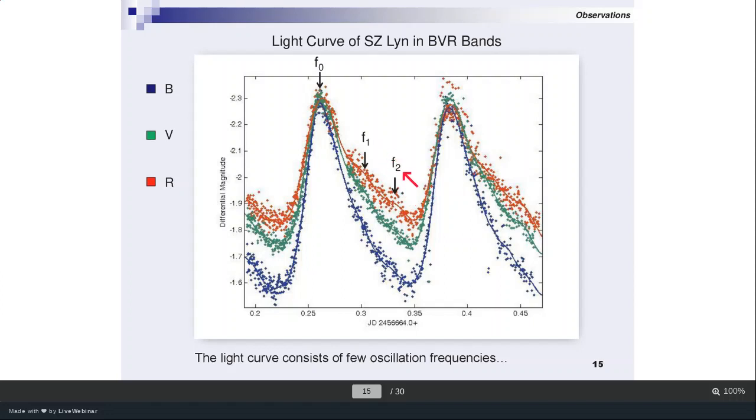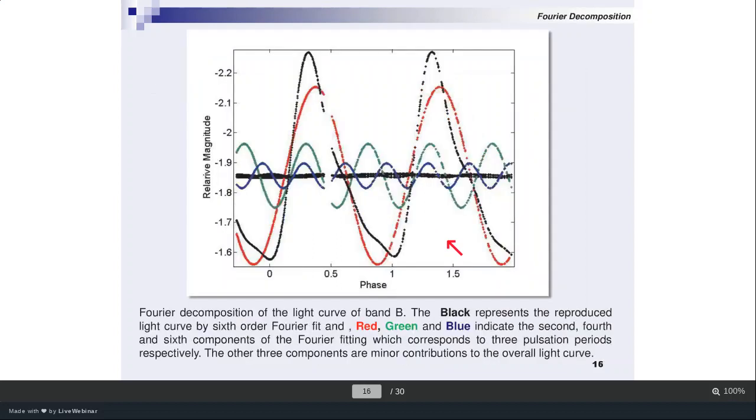So let me show you the results of the frequency determination using these light curves. When you look at the light curve in detail, you can do the Fourier decomposition of the light curve. So this is the main light curve, you can see the same shape.